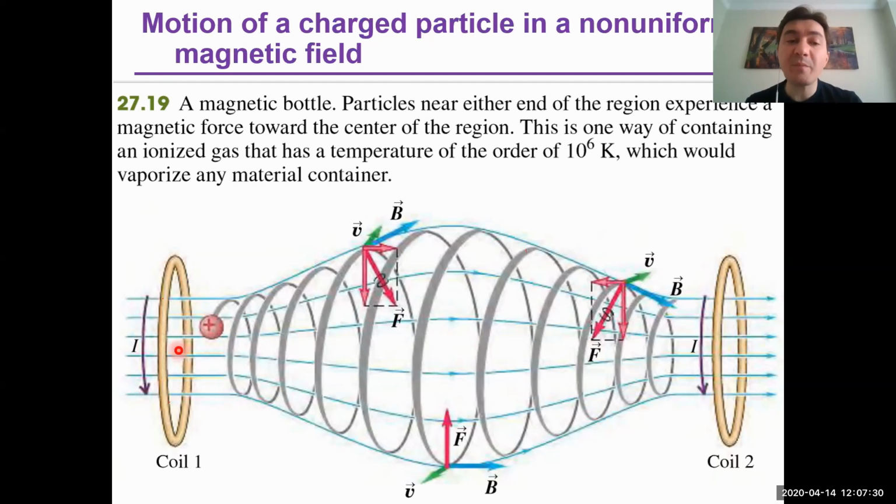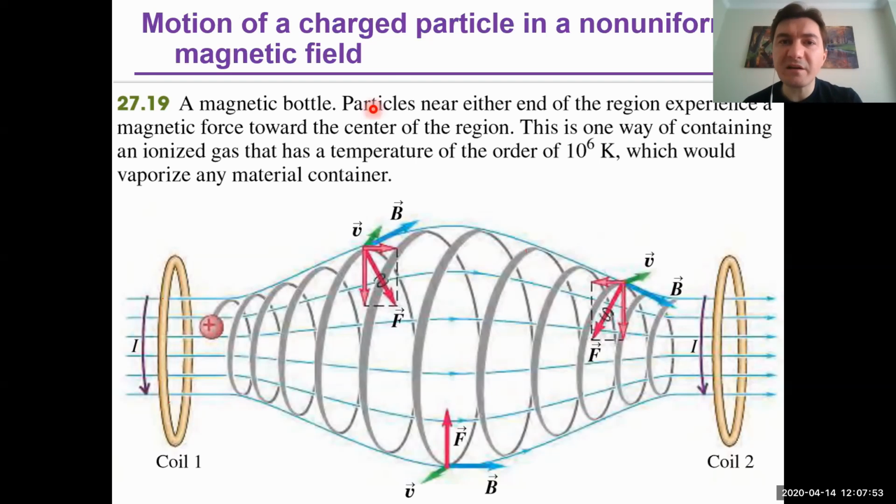You can trap that positive charge within that area. Charged particle is trapped within that area. For this reason, this is called a magnetic bottle. You can store, you can trap the charges within that type of magnetic traps.